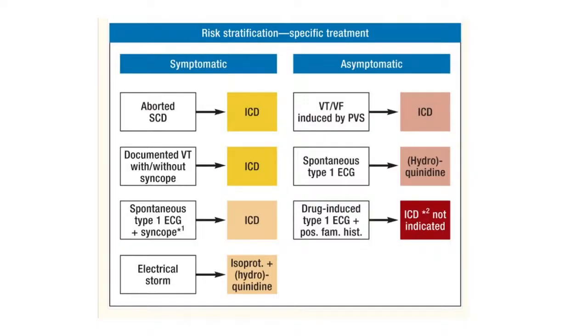That is a class 2A recommendation, whereas a patient with a type 1 ECG with syncopal episodes is a class 2B recommendation. And if the patient is asymptomatic but on programmed ventricular stimulation there is arrhythmia like VT or VFib, then in such cases also we have to consider ICD implantation.